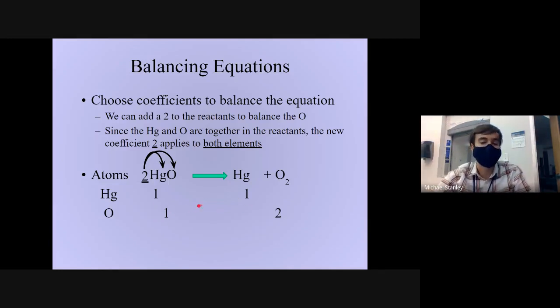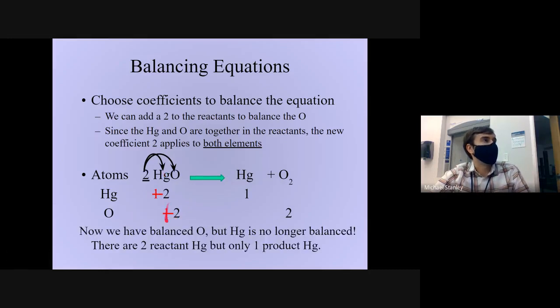Yay! 2 and 2. Those guys are balanced now. Hooray. But when we put this 2 right here, it applies to both of the elements. It applies to the O and to the Hg.